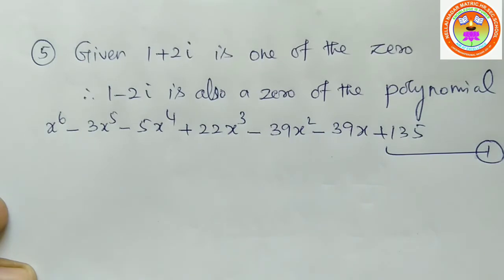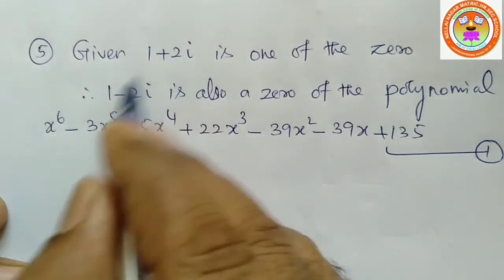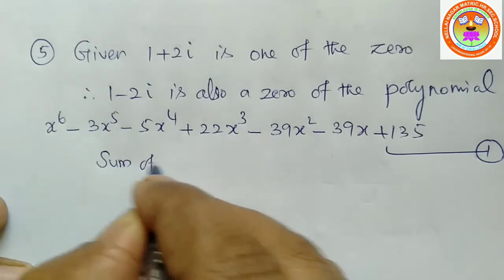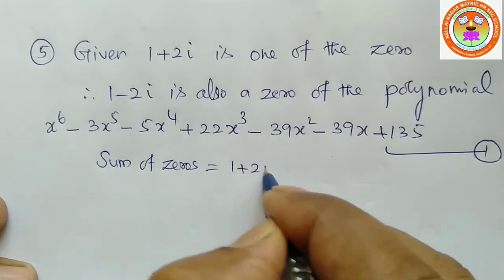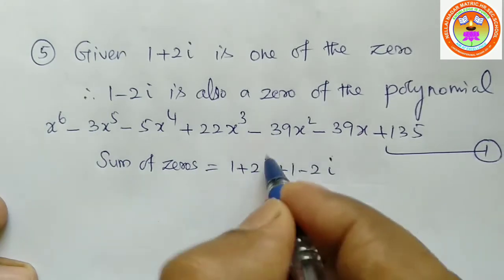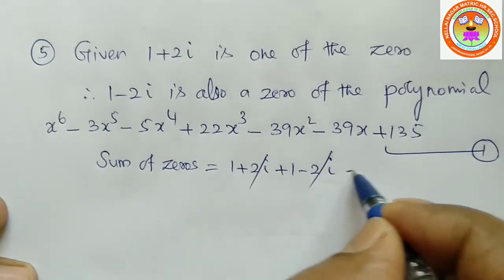The quadratic polynomial format is x square minus sum of the zeros into x plus the product of the zeros. First we find the sum of zeros, that is 1 plus 2i plus 1 minus 2i. The 2i terms cancel, so 1 plus 1 is 2.